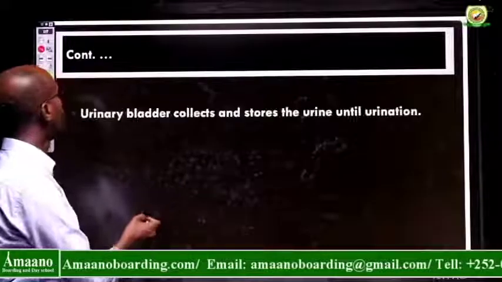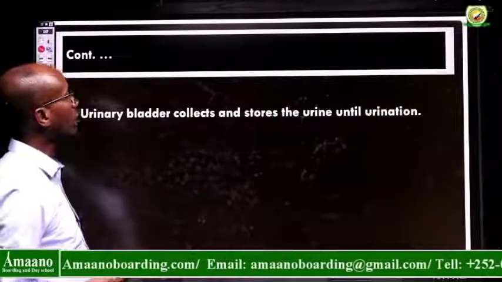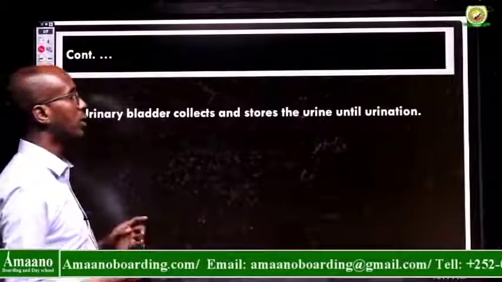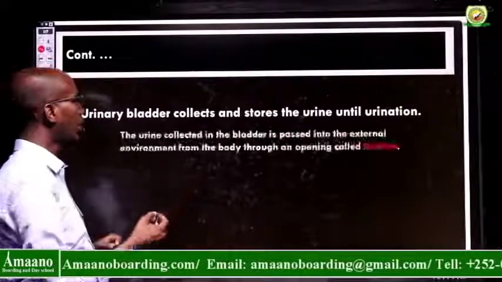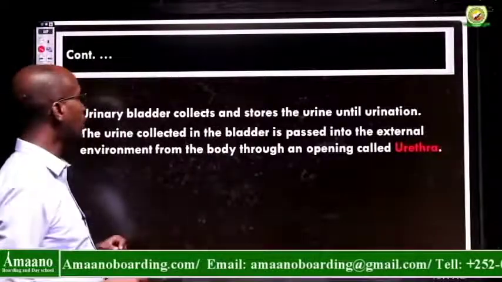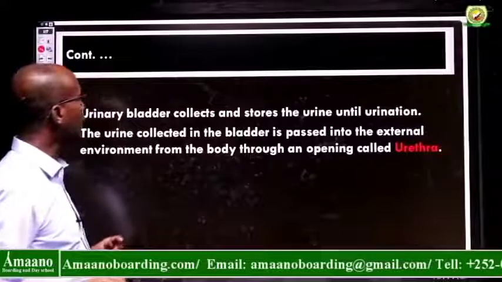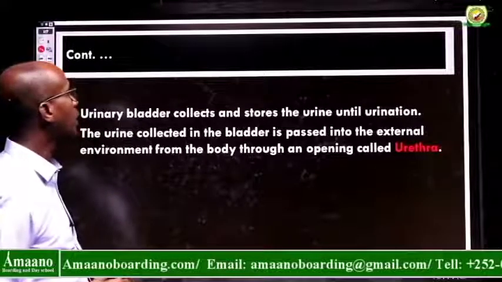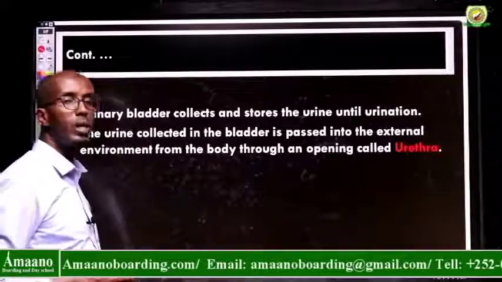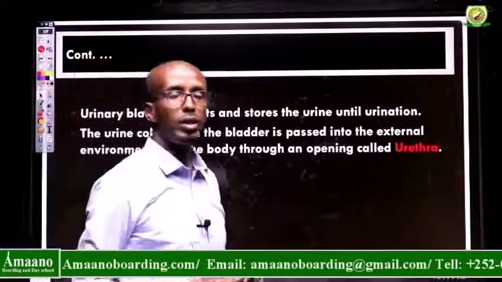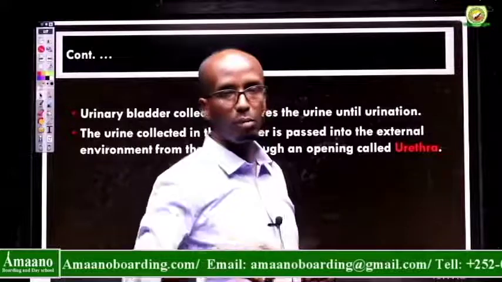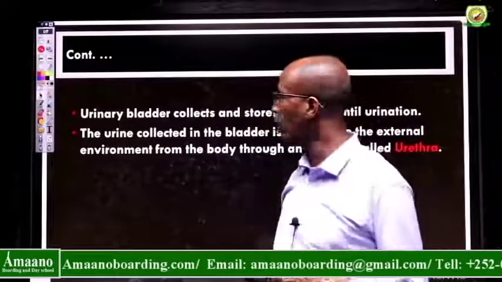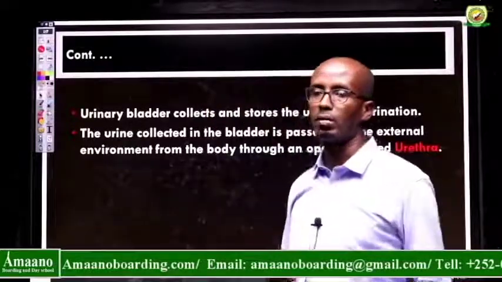So the urinary bladder collects and stores the urine until urination, which means when we remove the urine. The urine collected in the bladder is passed into the external environment from the body through an opening called the urethra. The urethra is a small tube which carries urine from the urinary bladder to the outside environment.